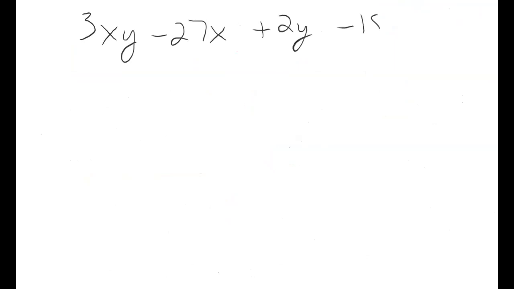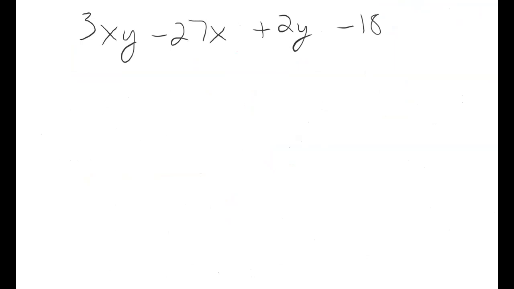All right, so let's do a grouping problem. I know most of you don't like red, so let me get off red. 3xy minus 27x plus 2y minus 18. So, first I looked to see if there's anything common.